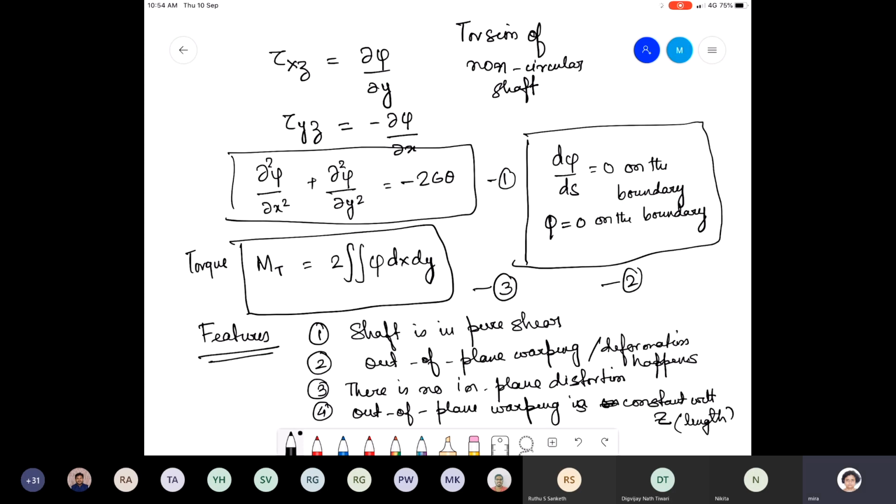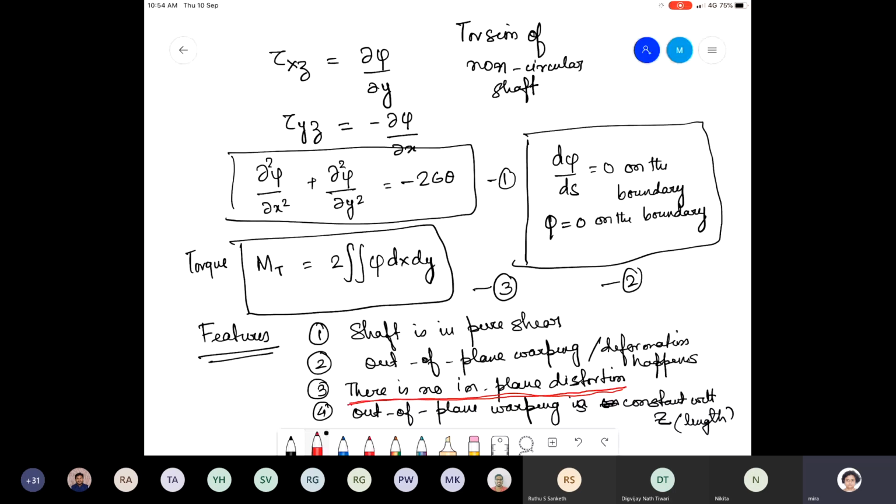Similar to torsion of a circular shaft, even here there is no in-plane distortion or in-plane deformation of the cross section. For a circular shaft it was rather easy to perceive, but here I leave this to you as an exercise.